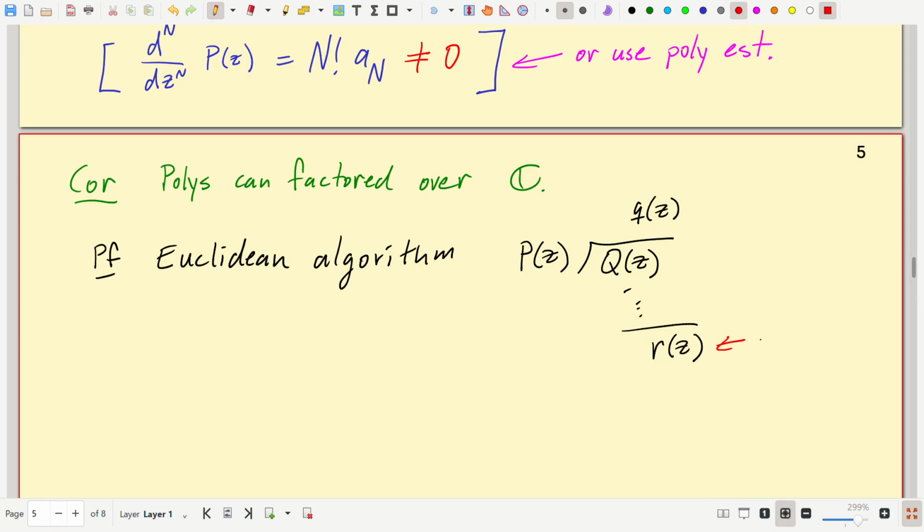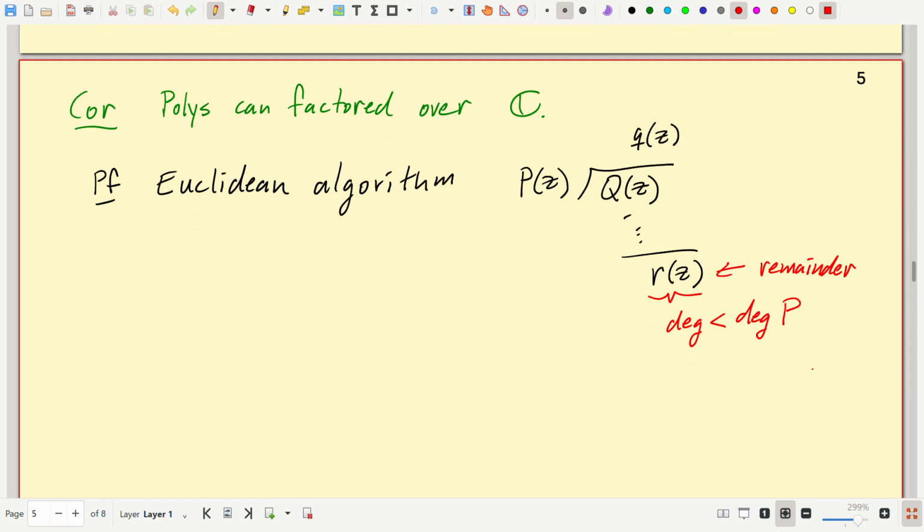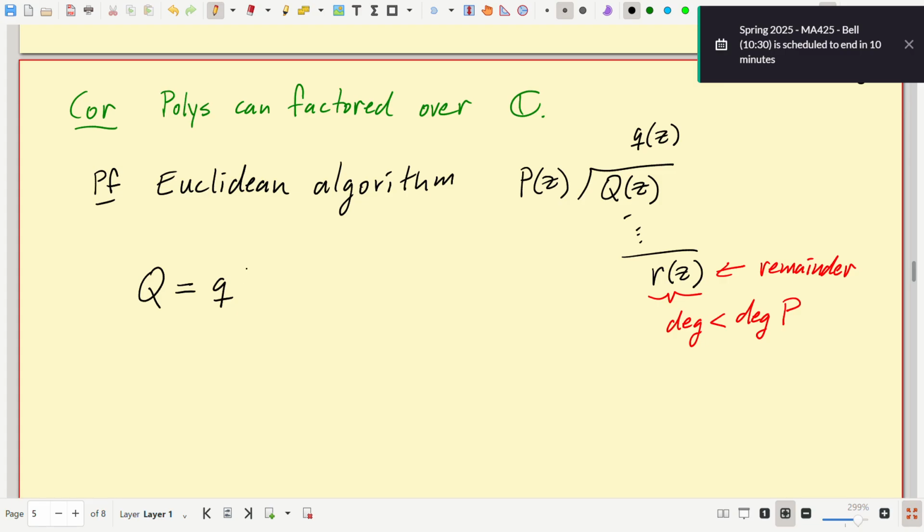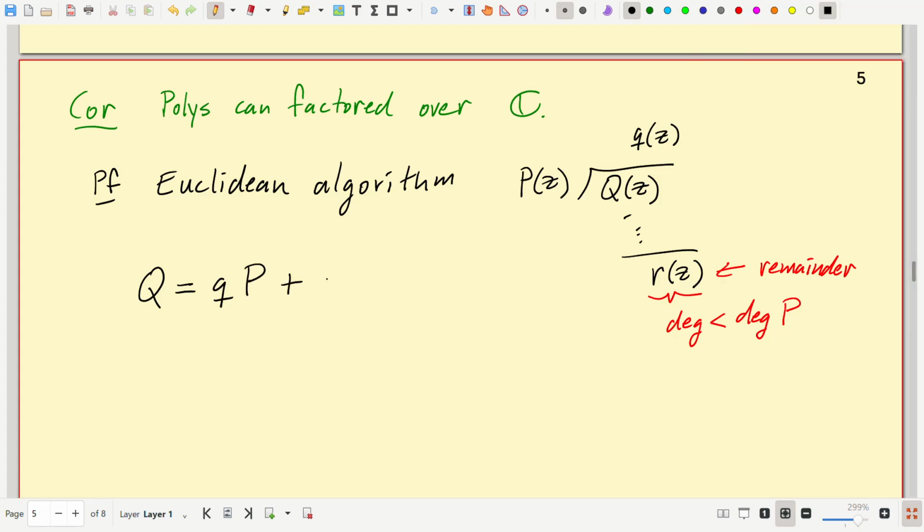The degree of this remainder is strictly less than the degree of P. So Q is the quotient times P plus the remainder.